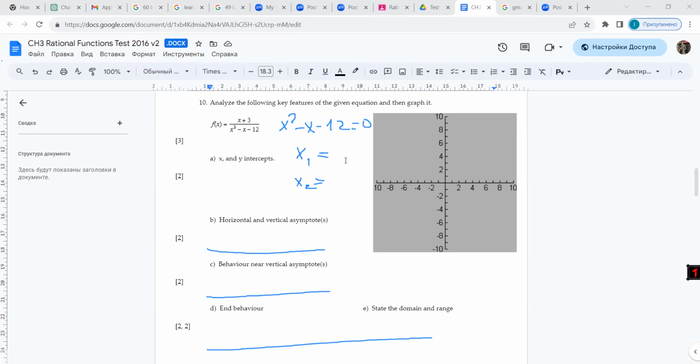So remember, vertical asymptote occurs when the denominator equals 0.